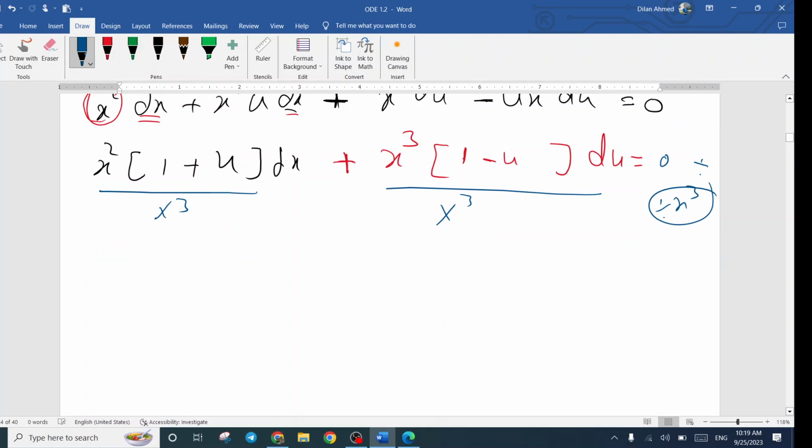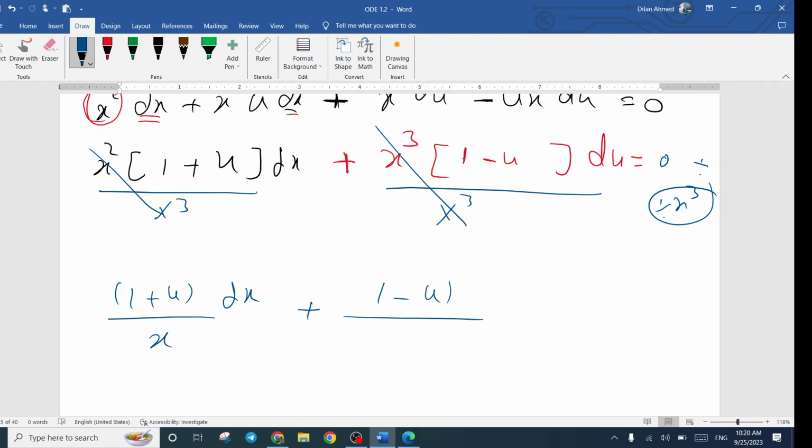No, because we need to remove x to the power 3 from the other side.